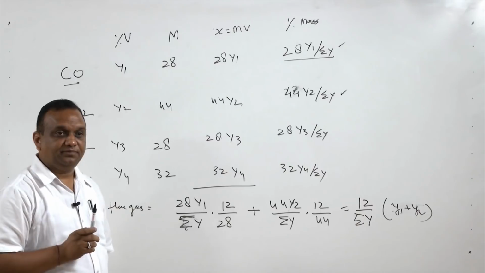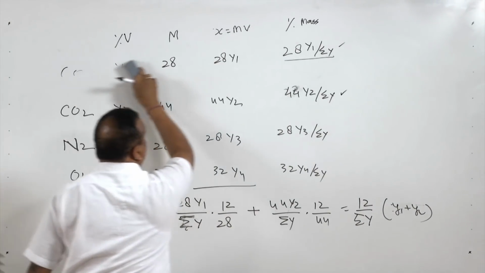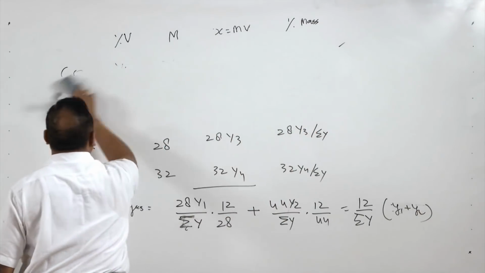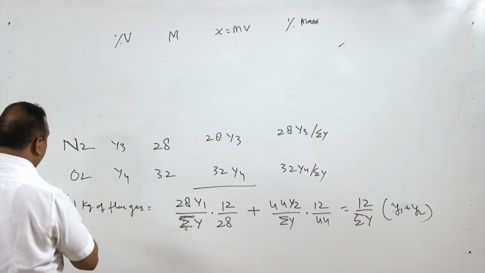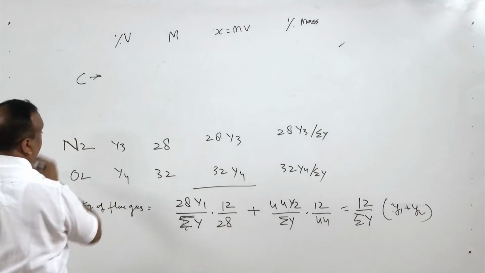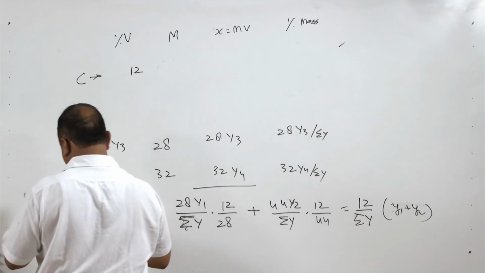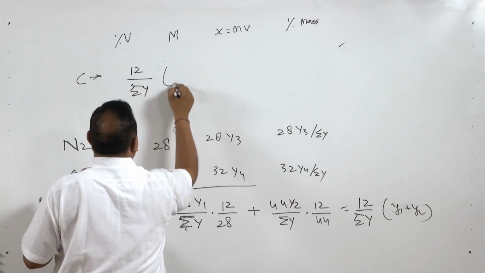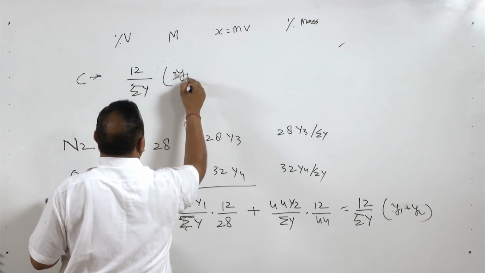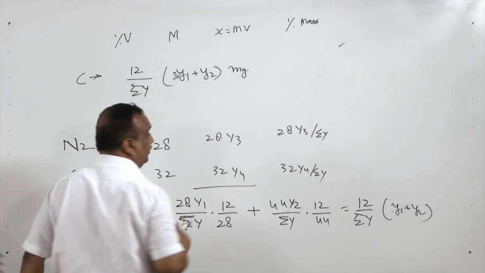This is per kg. Suppose there is m kg of flue gases. Mass of the flue gases is m kg. So the carbon is going to be 12 divided by sigma Y, Y1 plus Y2, times the mass of the flue gases.